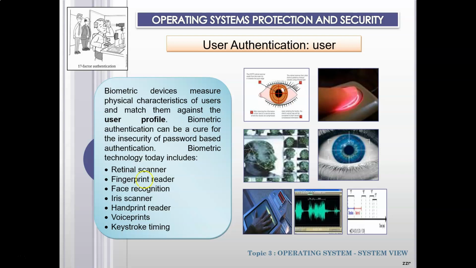Okay, these are the examples of biometrics that are commonly used: retina scanner, fingerprint, face recognition, iris scanner, handprint, the whole handprint, voiceprint, like what we have in our mobile apps, and keystroke timing.